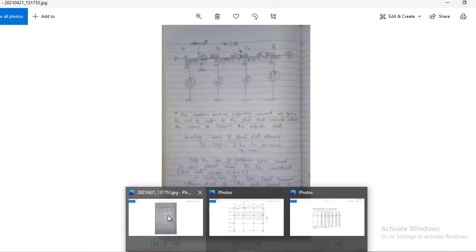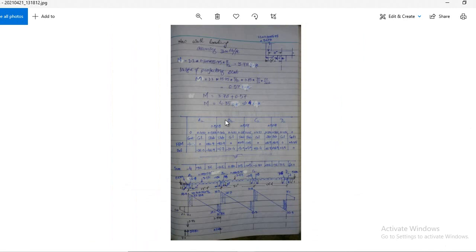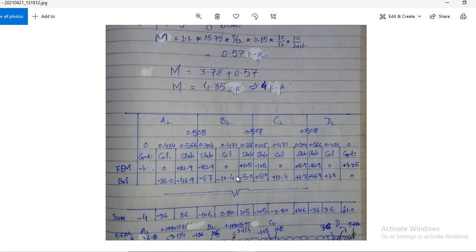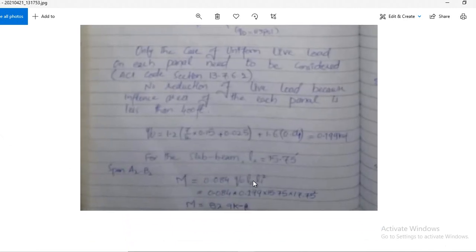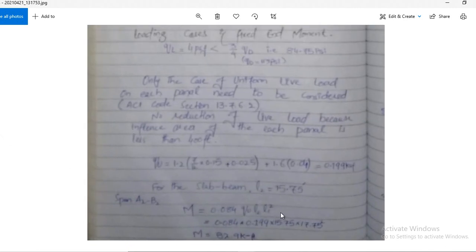Now next is 105, because you have to use the same formula, but in this formula L2 is fixed and L1 is changed. Here you have to plug in 20 feet, not 17.75, for the B2 C2 span. Clear? Because this is an unsymmetrical case.